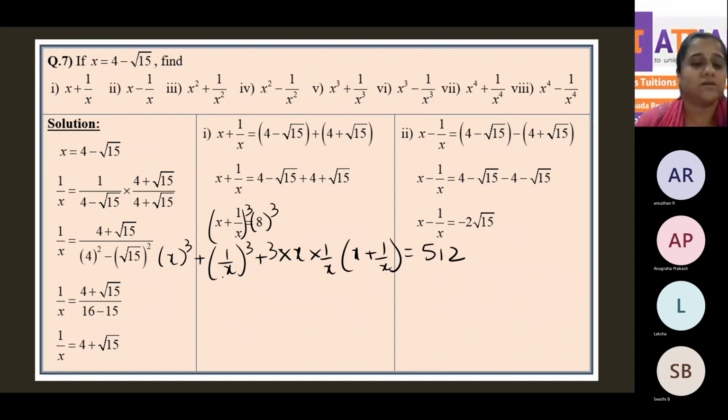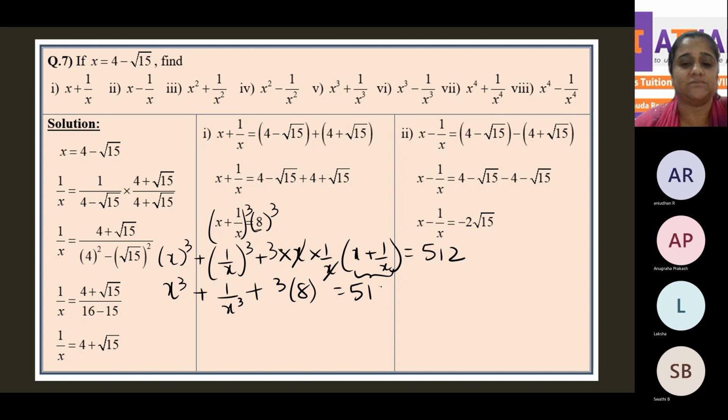You all said it is 512. Now this is x cubed plus 1 by x cubed plus, x cancels, 3. What is x plus 1 by x? We already know it is 8, so 3 into 8 is 24, equal to 512.